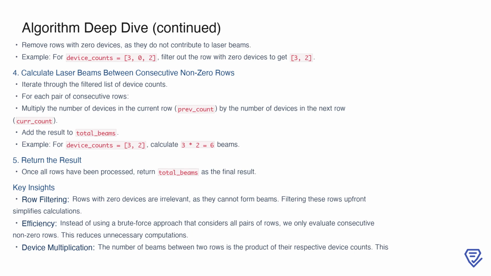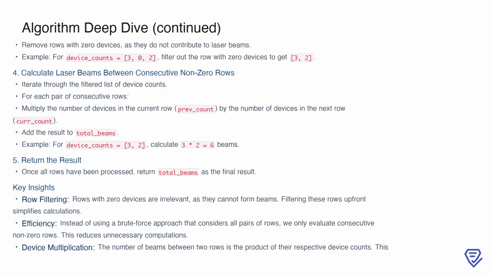Once we have the filtered list, we calculate the number of laser beams between consecutive rows. For each pair of consecutive non-zero rows, we multiply the number of devices in the current row, denoted as prev_count, by the number of devices in the next row, cur_count. The result represents the number of beams formed between these two rows, and we add this value to total_beams.